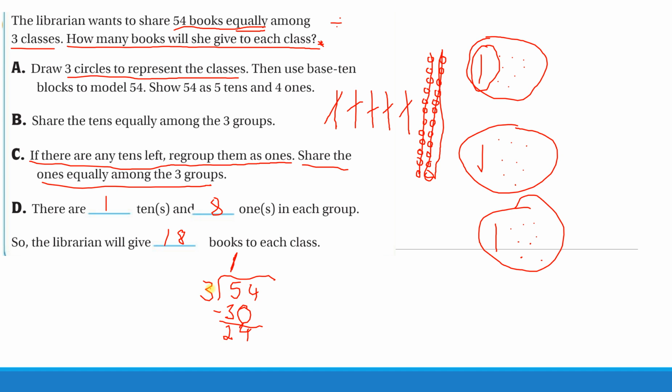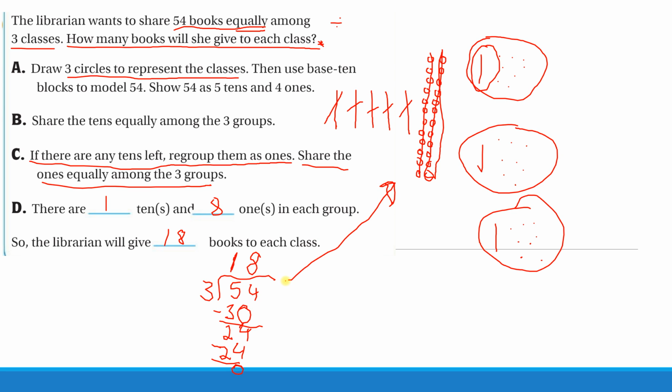And then we would divide 3 into 24, which is what we did with this part. We took the 2 tens that were left over, broke them into ones, or made 24. And then we divided 3 into 24, and we got 8. And then 8 times 3 is 24. Subtract, no remainder.